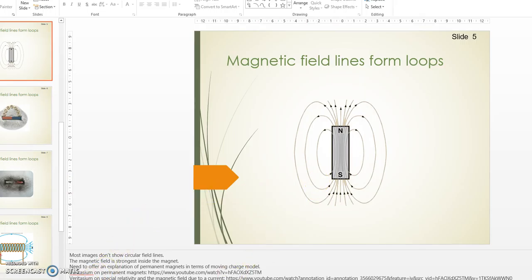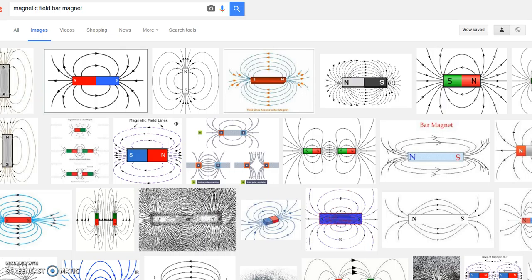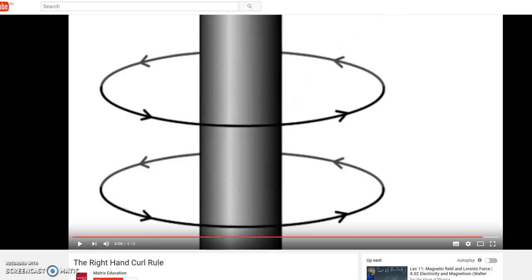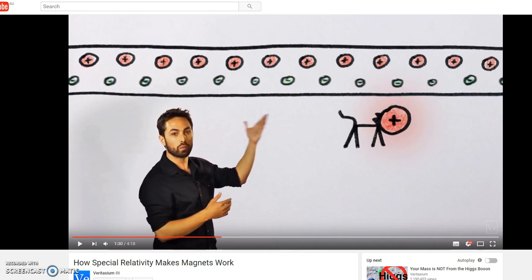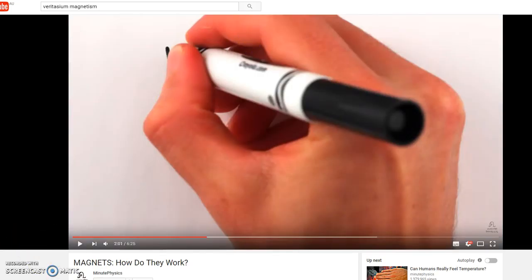Fortunately, Veritasium again has done a brilliant couple of videos on this. This one here is Veritasium and MinutePhysics working together.